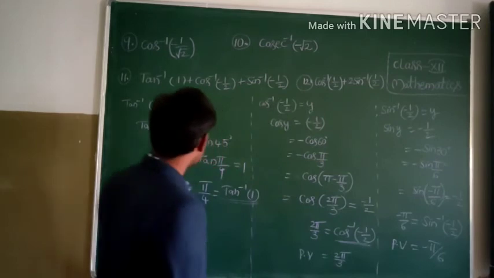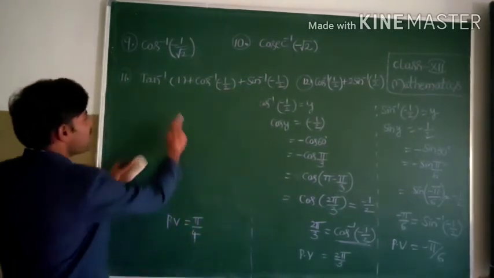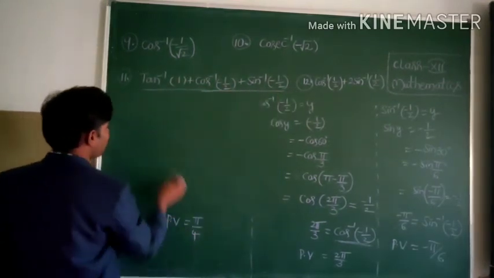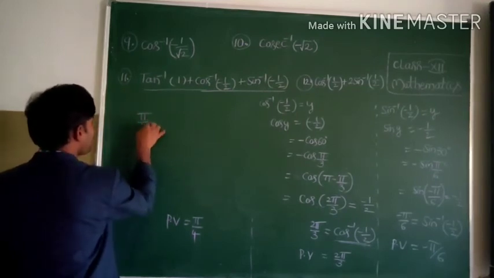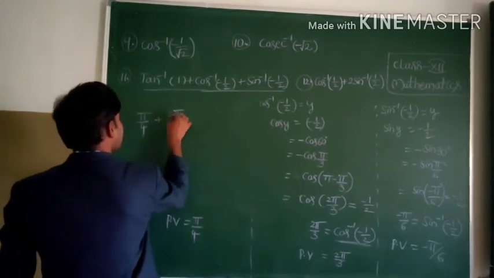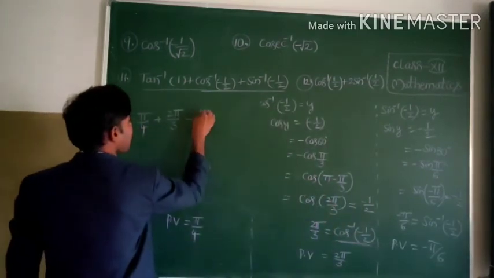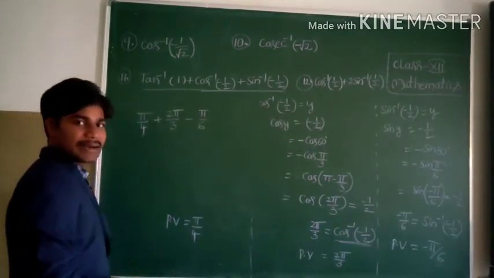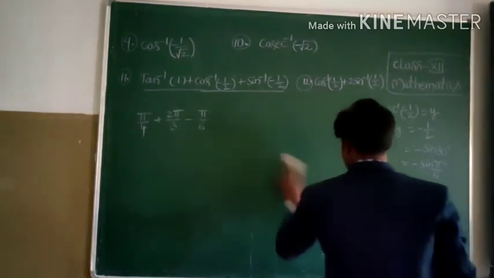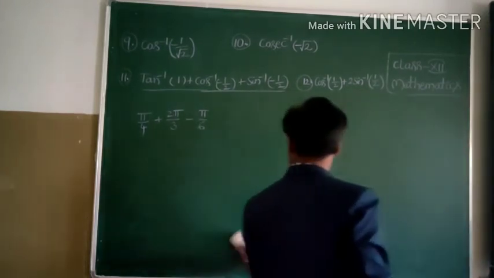So the final solution: the sum of these three functions is, firstly 5 by 4, next plus 2 pi by 3, minus the last function, minus 5 by 6, right? So just simplify this expression, you will get the final principal value of the given expression.